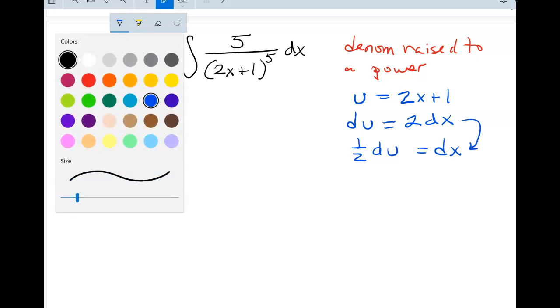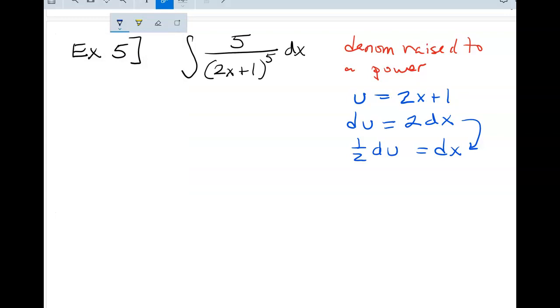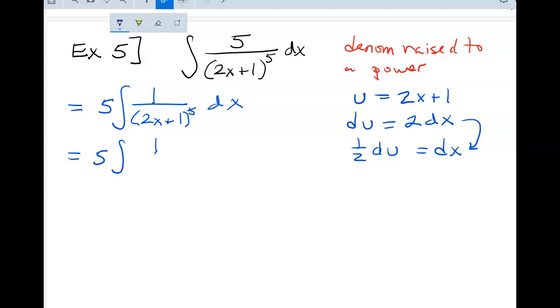So that means that when we rewrite this integral, we can bring that 5 to the outside. We have 1 over 2x plus 1 to the 5th dx, and the 2x plus 1 gets replaced with a u, and the dx gets replaced with a 1/2 times du.